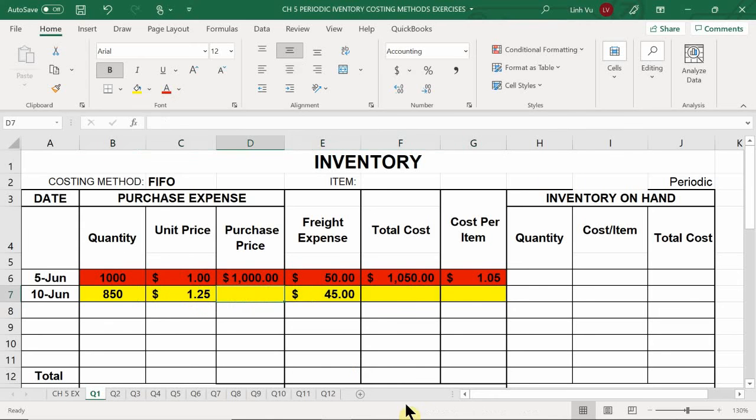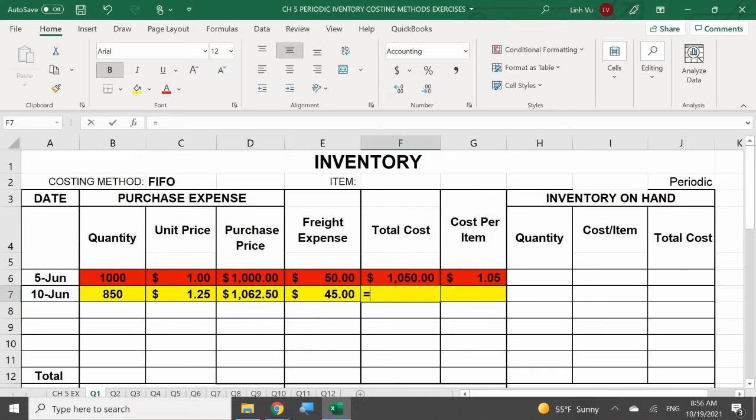So there we go. Right? What's my purchase price? $1,062.50. Okay. Plus $45 gives me $1,107.50. So what's my cost per item here?